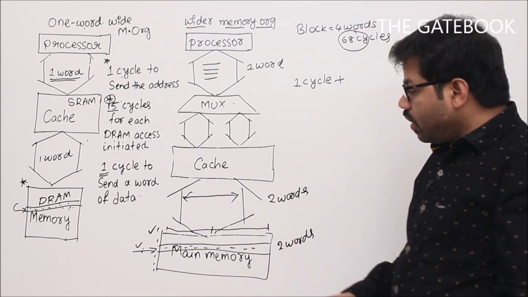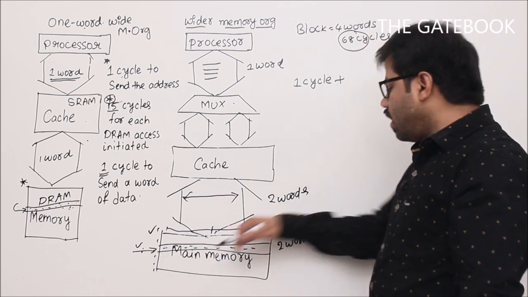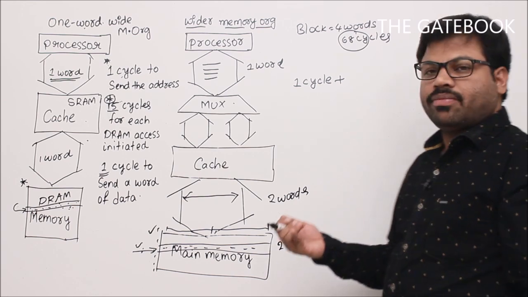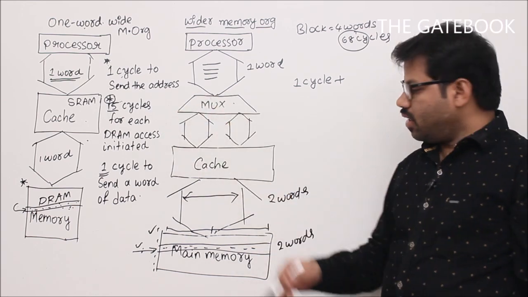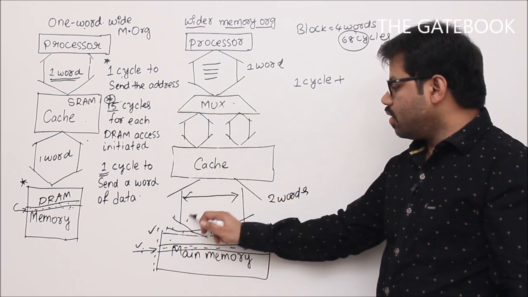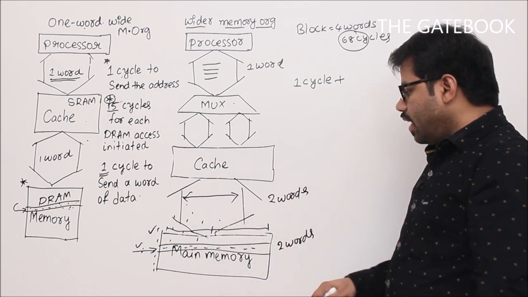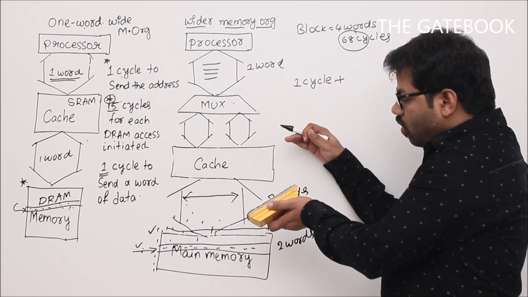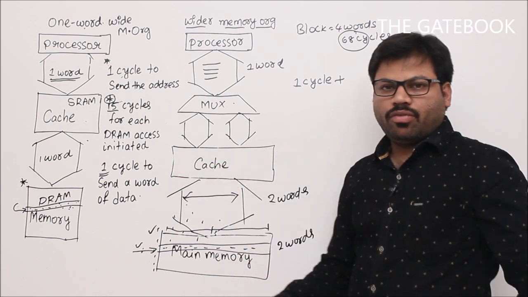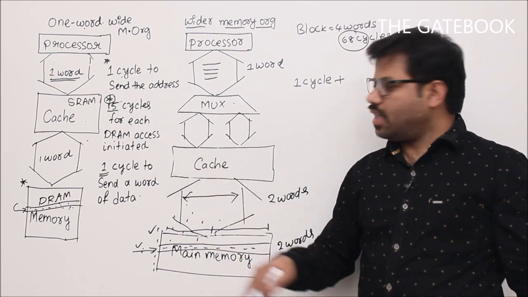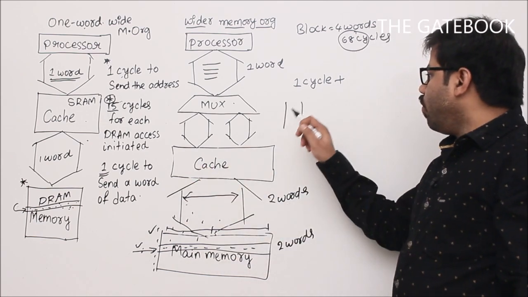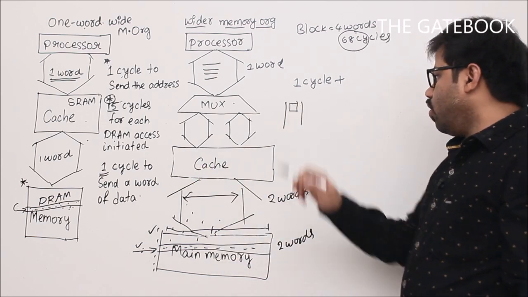Understand? Once you initiate the right row, then we have to transfer it. That takes again 1 clock cycle, correct? Because we are doing it in parallel. Because we increased the width, transferring 1 word or 2 words takes the same time now. It's like, you have a highway where only 1 car can go.